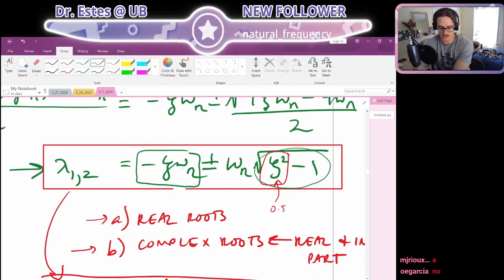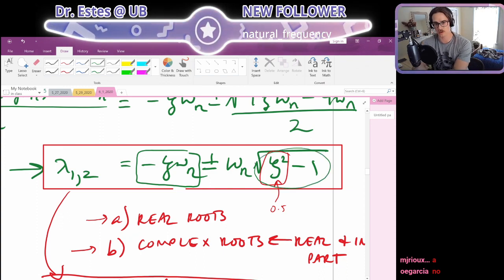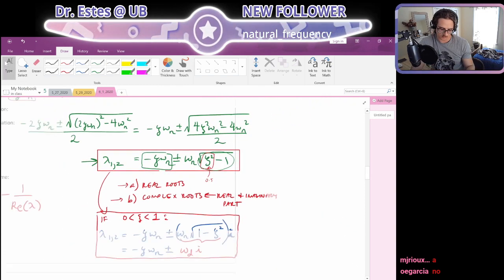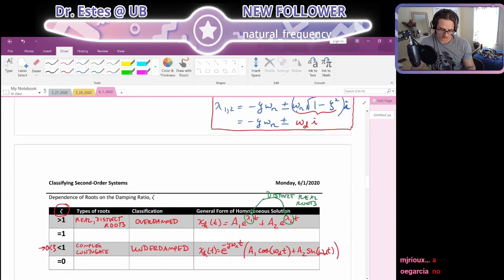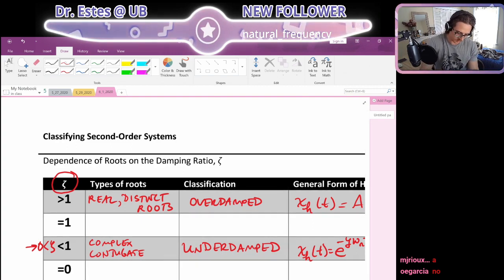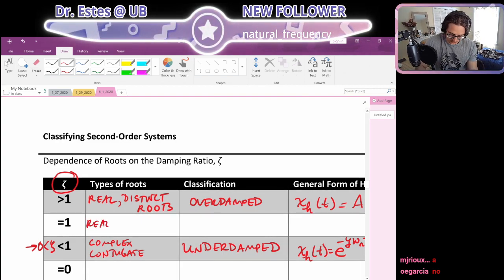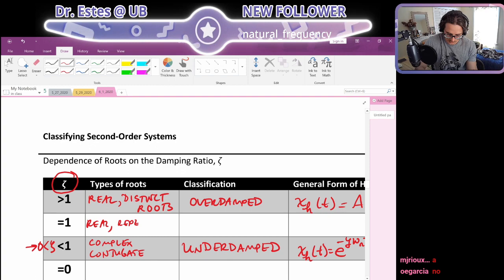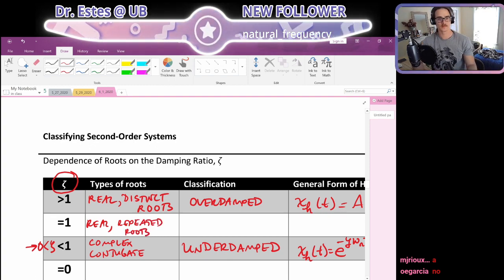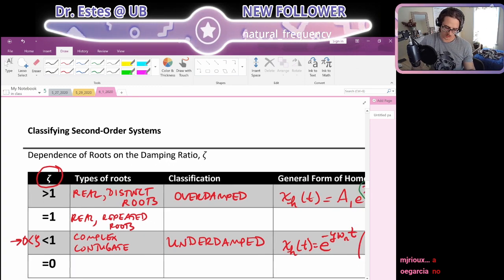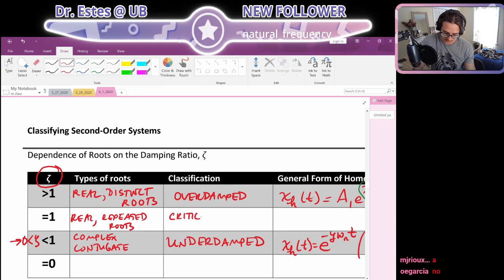So I have minus zeta omega n plus or minus 0. So I'm going to have real repeated roots. That's what it's called. We call this critically damped.